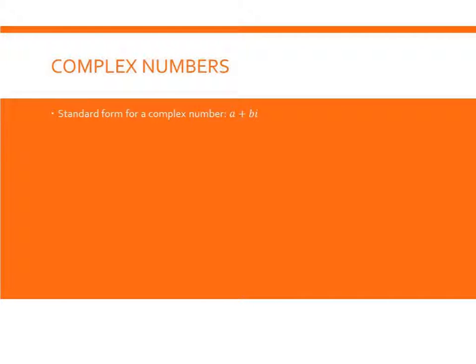Up next, we need to talk about a complex number. So standard form for a complex number is a plus bi. a is considered the real part, and then your bi is considered the imaginary part.